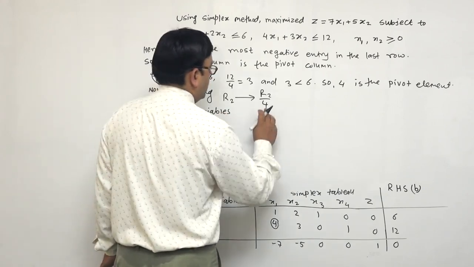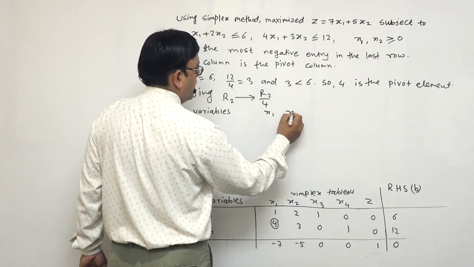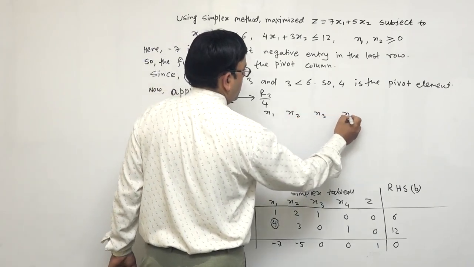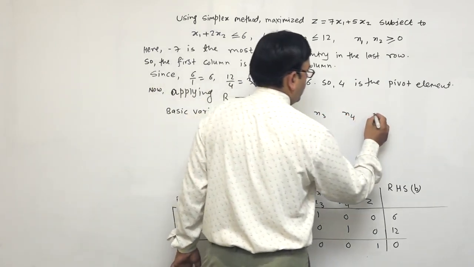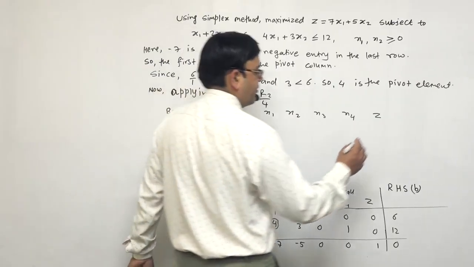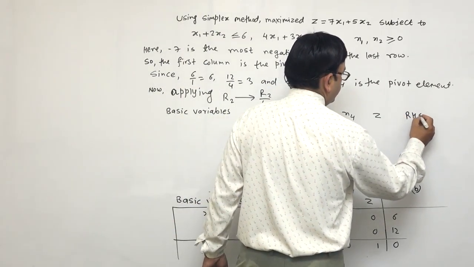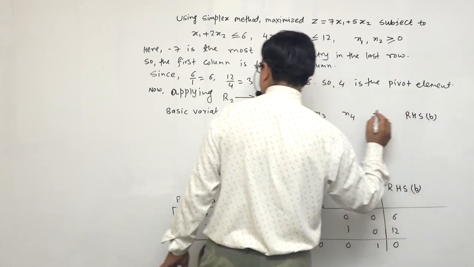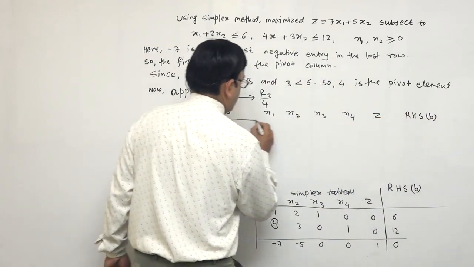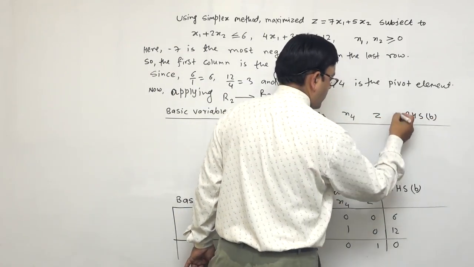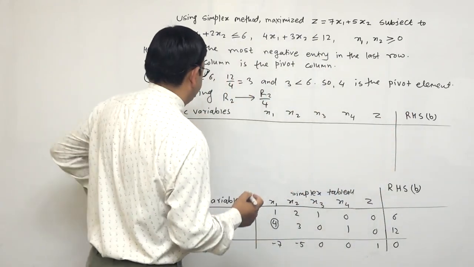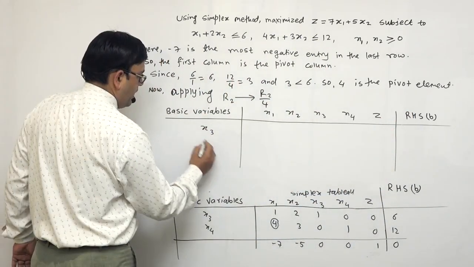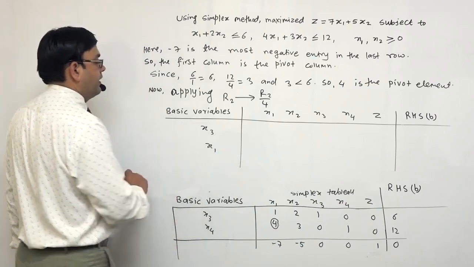Basic variables, and then here is x1, x2, x3, x4, and then z, RHS. x3, this one is, and then x1 here.